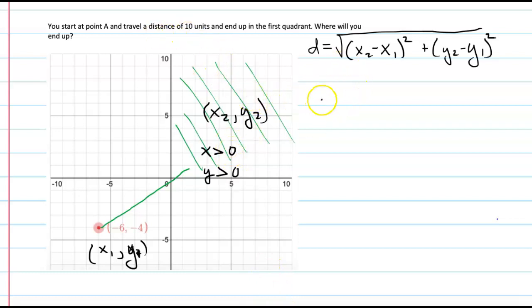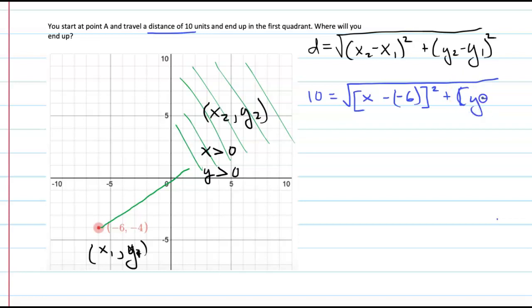So let's start plugging in what we do know. Okay, we have a distance of 10. So I've got 10. And since I don't know x2 and y2, I'll just call those x and y. So I've got x minus a negative 6, and then I've got y minus a negative 4.